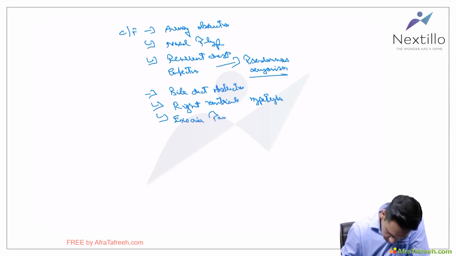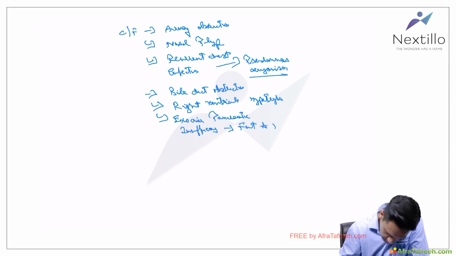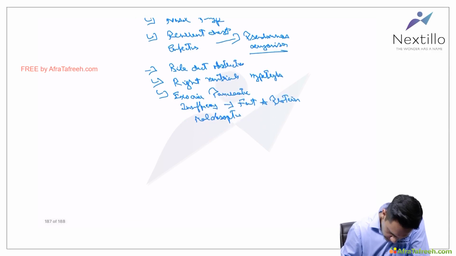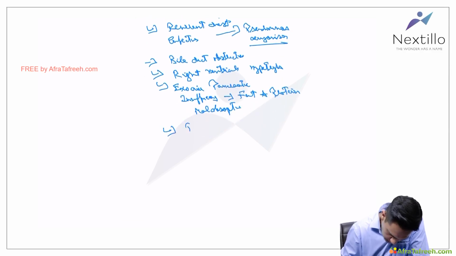There can be exocrine pancreatic insufficiency leading to fat and protein malabsorption, and there can be diabetes because of exocrine dysfunction.